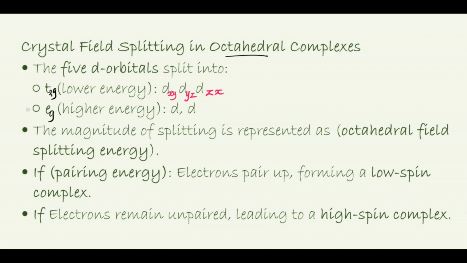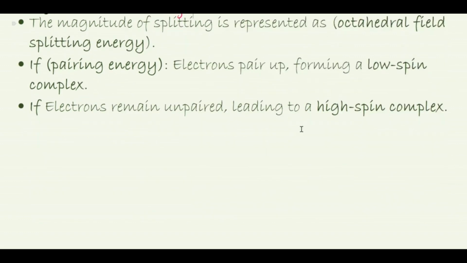Similarly, the Eg level, which is a higher energy level than the lower T2g, has dx square minus y square and dz square. Those two are in the higher energy level. So how the splitting will be, I am drawing it over here.